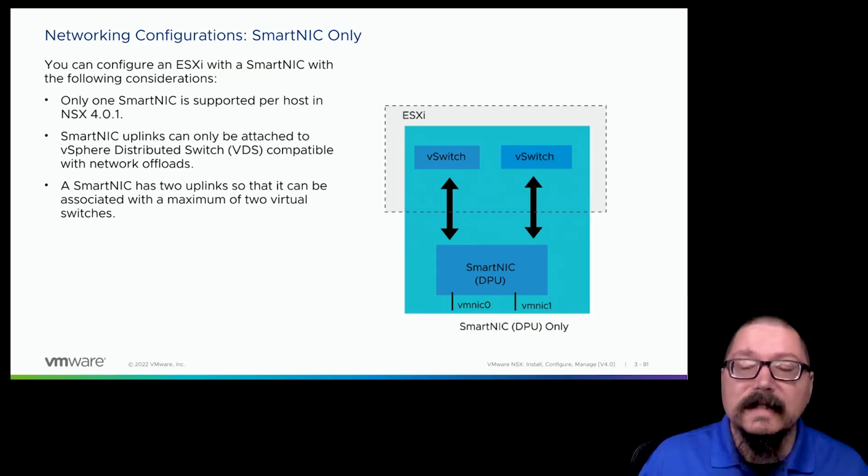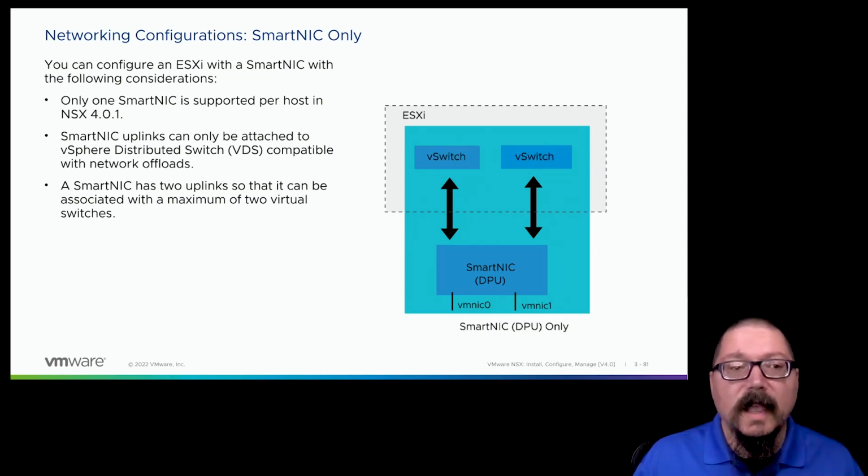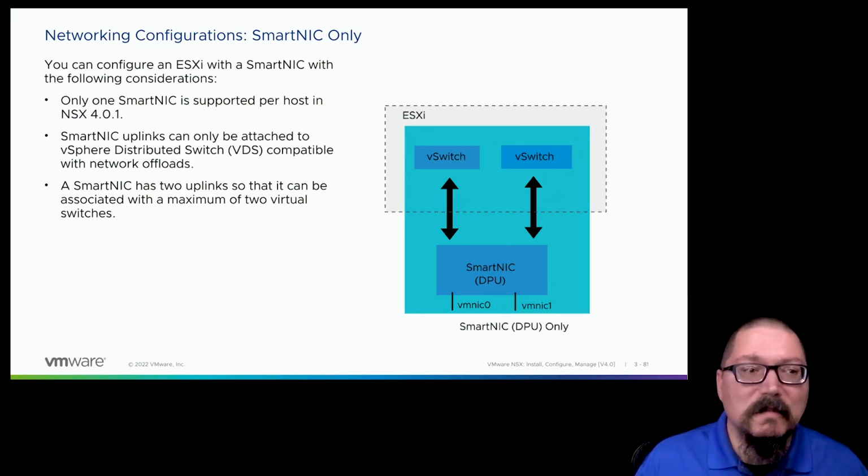And I can attach the SmartNIC, the data processing unit, ports as uplinks to my virtual switch, to my distributed switch, and use those. Or here we have two virtual switches with one uplink each. I think it would be one virtual switch with two uplinks would probably be the way we go.